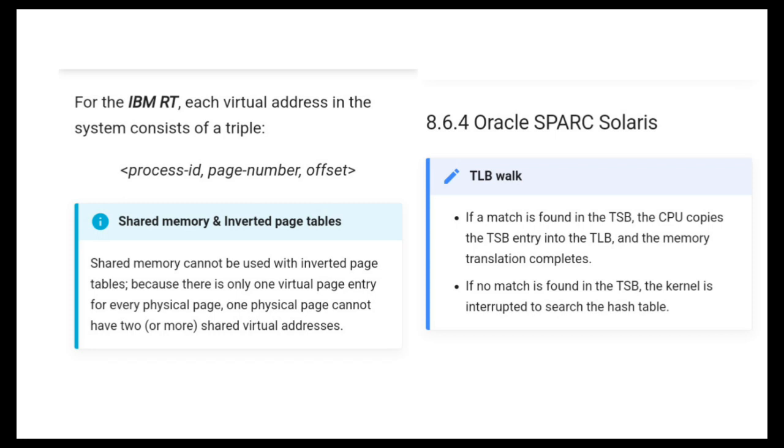IA-32 segmentation. The virtual architecture allows segments to be as large as 4 GB, with 32-bit offsets.